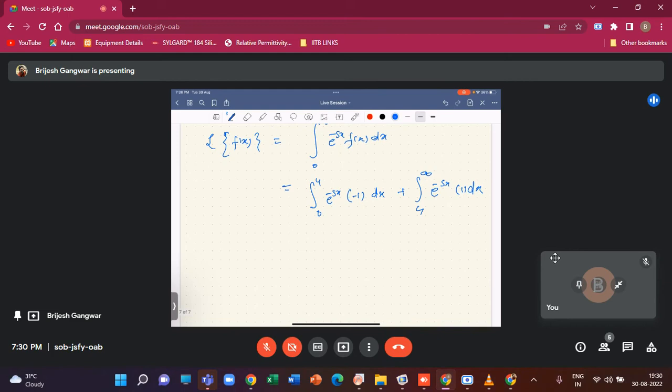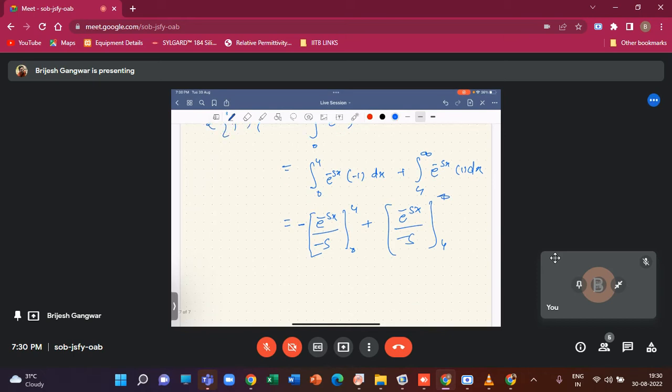Just solve this integration: e to the power minus sx upon minus s from 0 to 4, and this minus comes out, plus e to the power minus sx upon minus s from 4 to infinity.